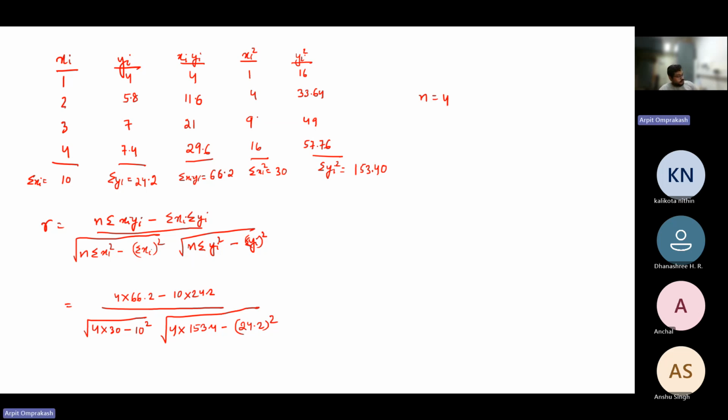Okay, so we'll use a calculator. I'm just doing the calculations using a calculator.